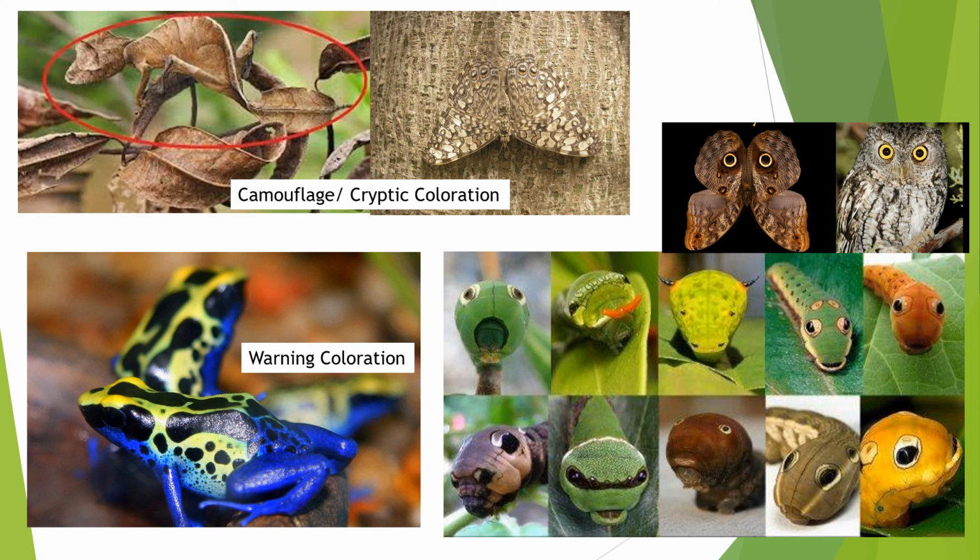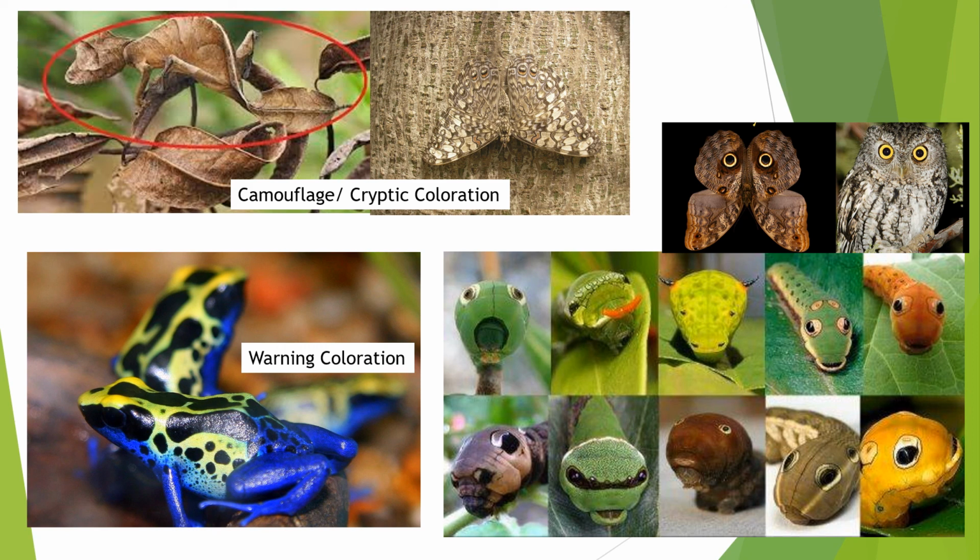So the top image is a type of moth that has a really cool design on it that makes it look like an owl's face. So animals might try avoiding it because they think it's a big threatening owl versus a nice, plump, fuzzy moth nutrient-filled body or whatever. Then below, we also see a bunch of different caterpillars that are taking some sort of mimicry to look like snakes.